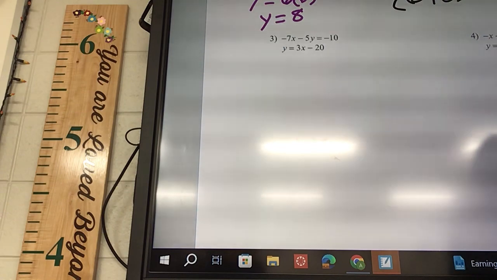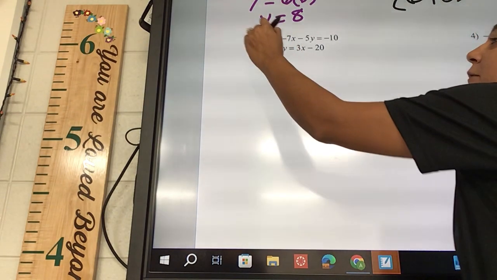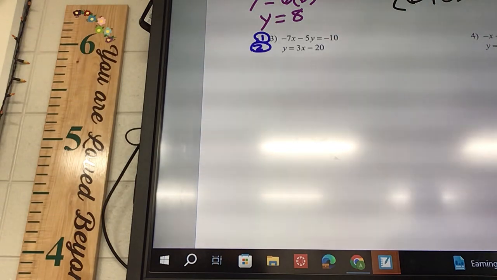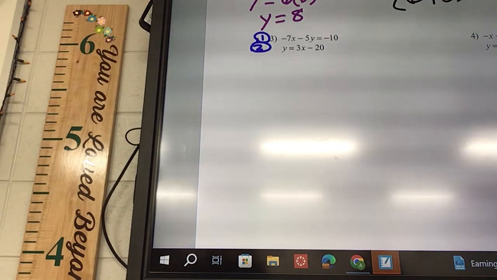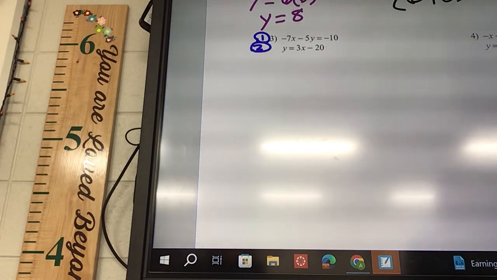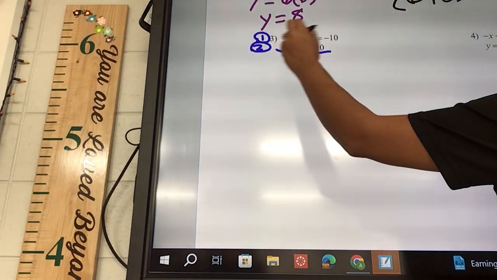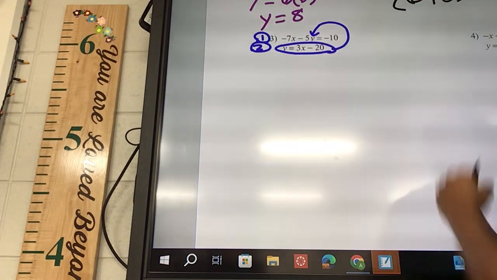Okay, let's look at this next one. We're going to number these: equation 1, equation 2. Which one starts out and says y equals first? Equation 2. So that's the one we're going to circle, and we're going to plug it into the y on the other one.